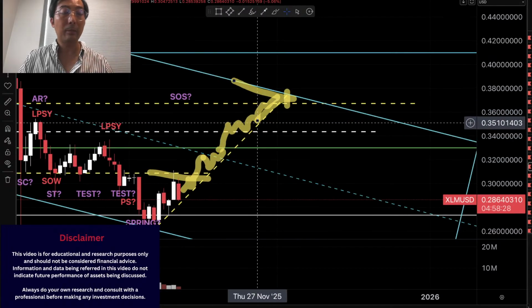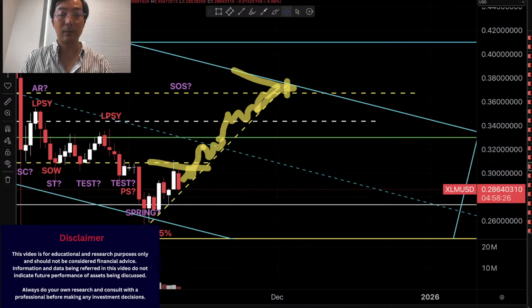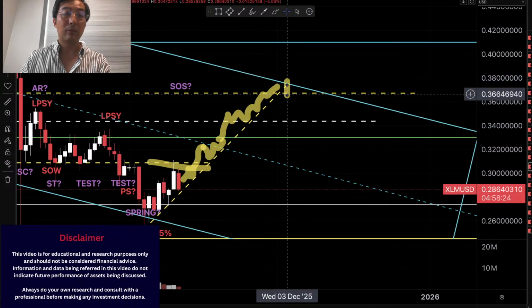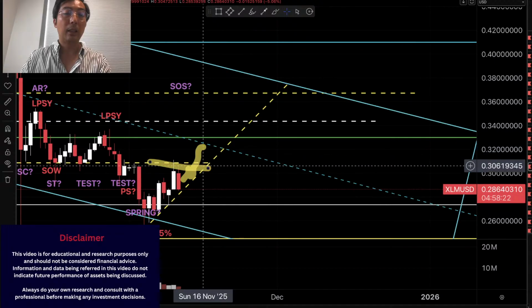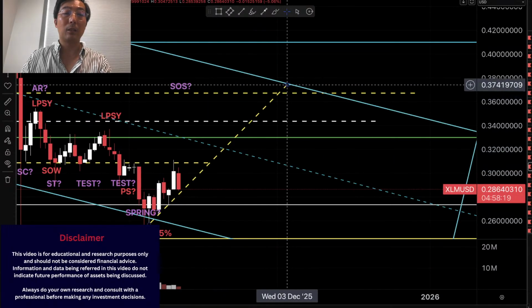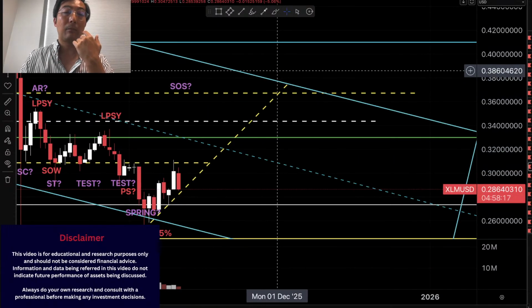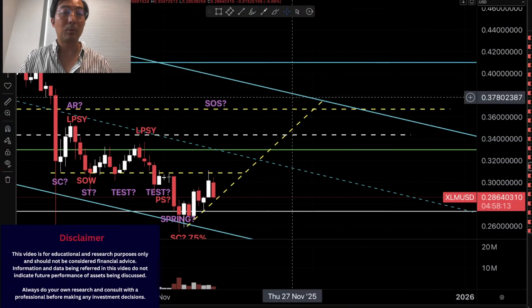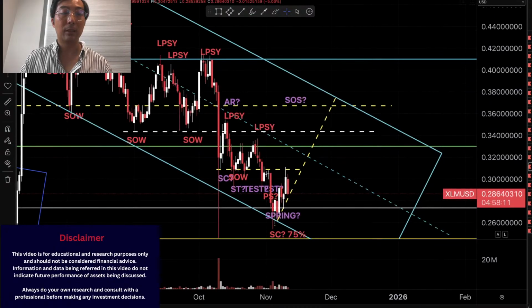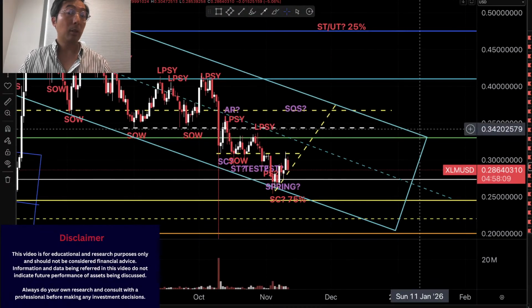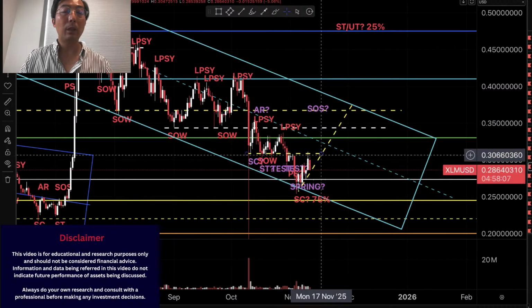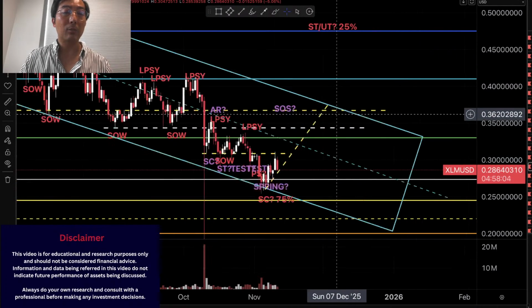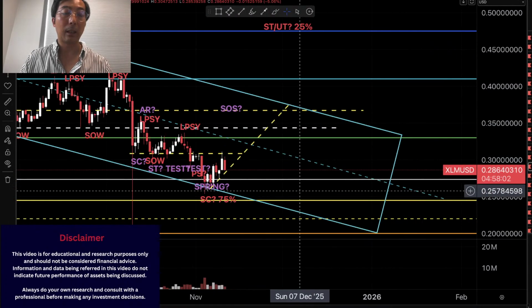If all this doesn't matter to this uptrend or this climb, if there's sufficient buy-in, then that's the biggest chance that within November, Stellar is going to finally break this downtrend. Not that it's easy. It may reach this sign of strength level and then come back down again.